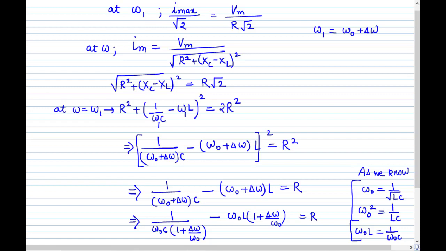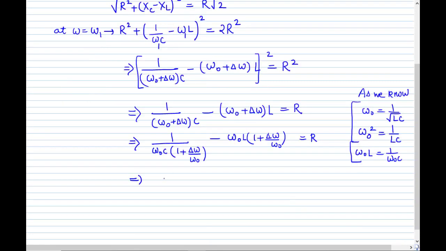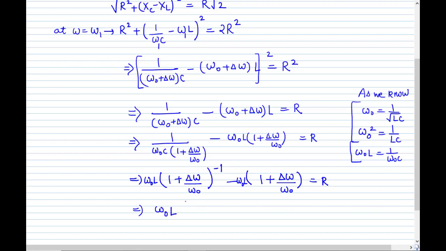So on putting in this equation, we will have 1 plus delta omega upon omega naught to the power minus 1, because it is in the denominator, so here we can write it as power minus 1, minus 1 plus delta omega upon omega naught is equal to R, and here we'll have 1 upon omega naught C, which may be written as omega naught L, and here also we will have omega naught L. So if we take omega naught L as common, then what is here?